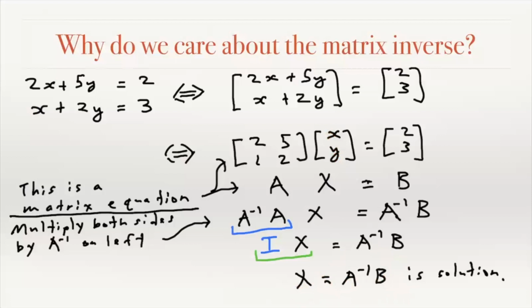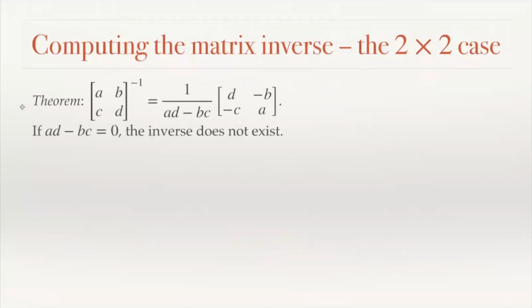We'll now see how to find matrix inverses, at least for the 2 by 2 case, and then we'll illustrate this with actual numbers. We'll come back and solve this and see it in application. So it is a theorem that the inverse of a matrix ABCD is 1 over AD minus BC times this matrix. And the way I always think of this is that the A and D get swapped, and we stick minus signs by the B and C. And then we divide by this guy, known as the determinant.